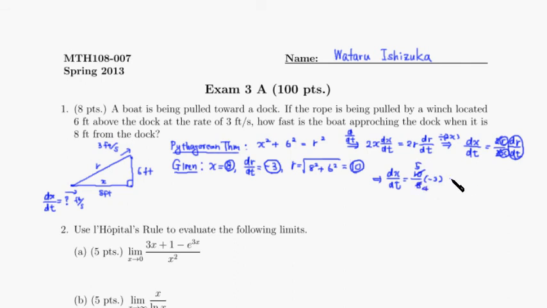So this is -3 times 5, which is 15, over 4. Therefore, the boat is being pulled at the speed of 15 over 4 feet per second. So this is the answer. That's it. I hope that this was clear.